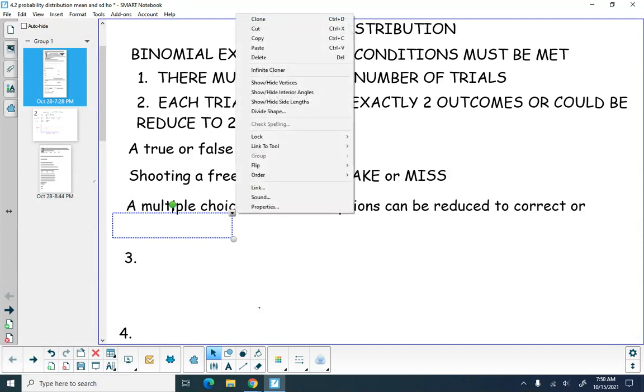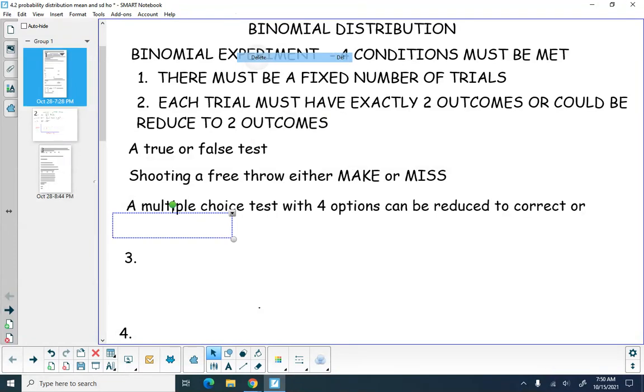If you have a multiple choice test with 4 options, this can be reduced down to 2 options or 2 results. You will either get it correct or you will get it incorrect.